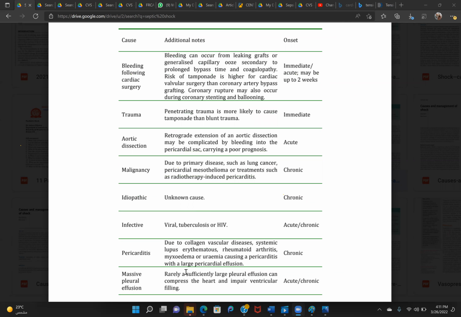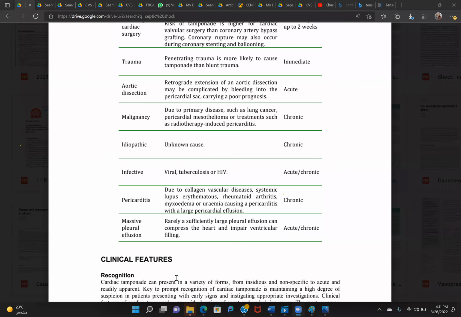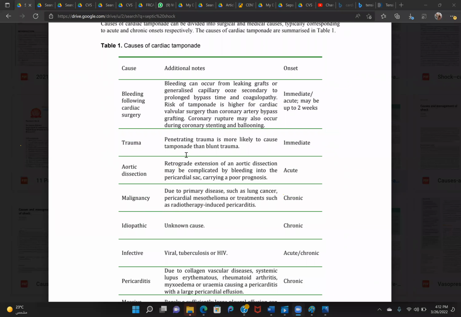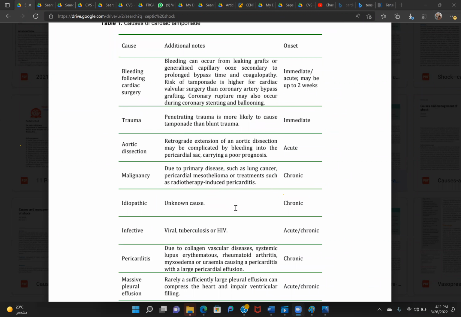In overload patients it can occur, or an infective cause, overloaded condition, or any trauma, or post cardiac surgery. Post cardiac surgery, because they have already done surgery, the pericardium is opened and then closed, so it can occur. Okay. So if there is any bleeding problem, it can occur, or spontaneously in some bleeding disorders.